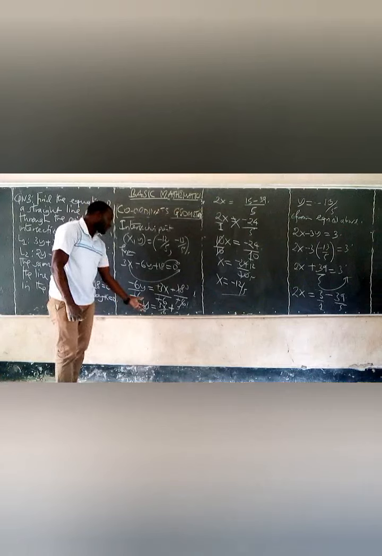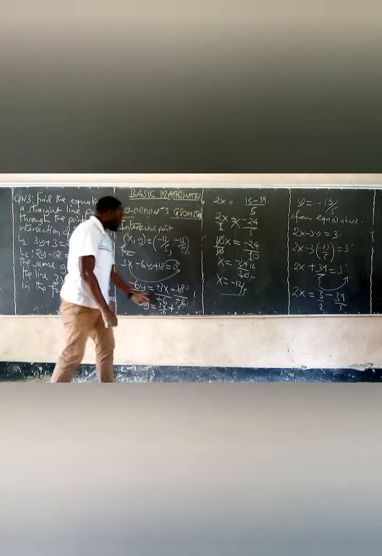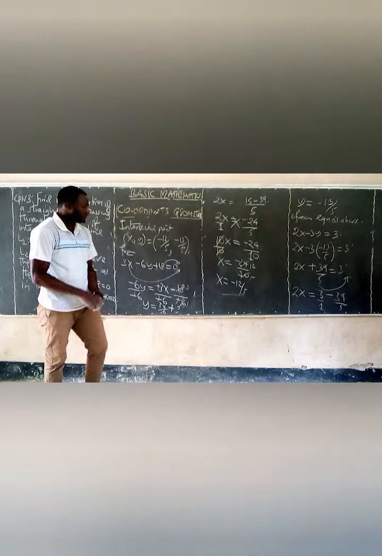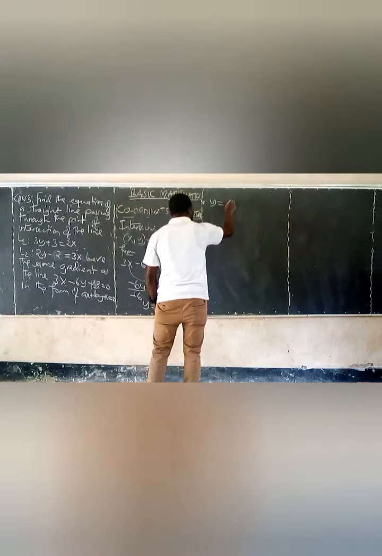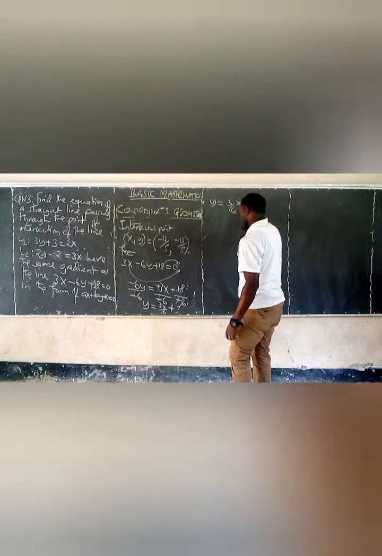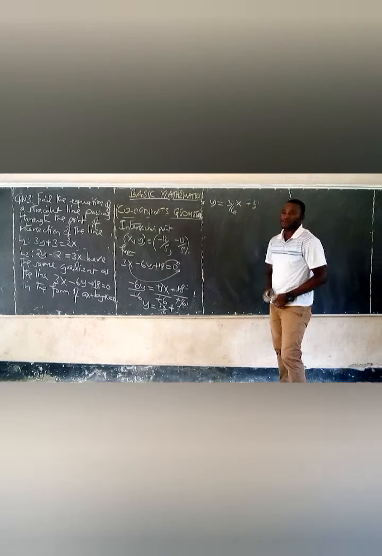But our aim here is to determine the slope. What are we going to do now? After reaching here, y is equal to 3 out of 6x, then plus 3. This coefficient represents the slope.